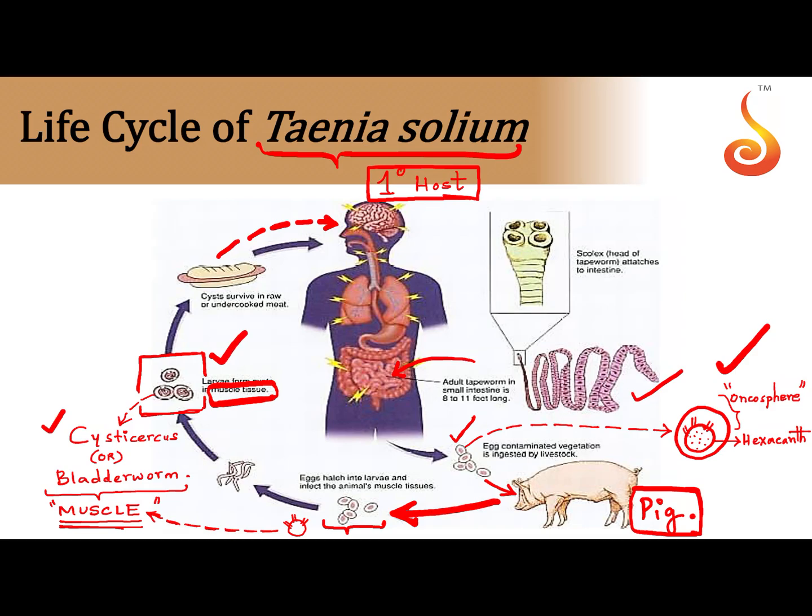Thus the host who was healthy, because he consumed this improperly cooked infected pork, becomes an infected primary host. Remember, the pork which has the cysticercus or bladder worm is referred to as measly pork. Okay, so this was about the life cycle of the liver fluke as well as Taenia solium.